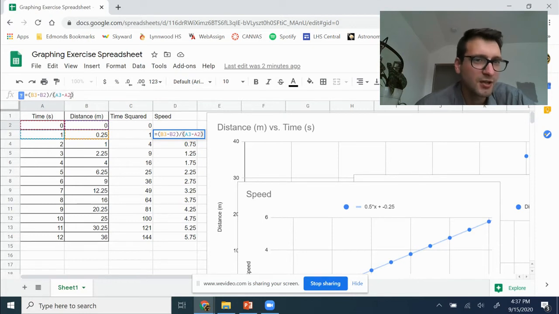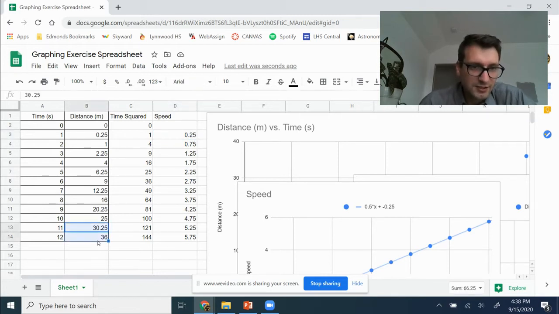The change in time is always 1 second, so it boils down to 0.25 meters per second. However, if we look at the very end, it's going to be 36 minus 30.25, so 5.75 divided by 1 second, because it took 1 second to go from 11 seconds to 12 seconds. So that's how we got all this data.